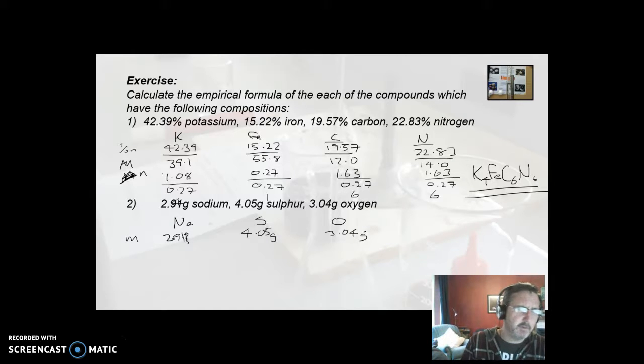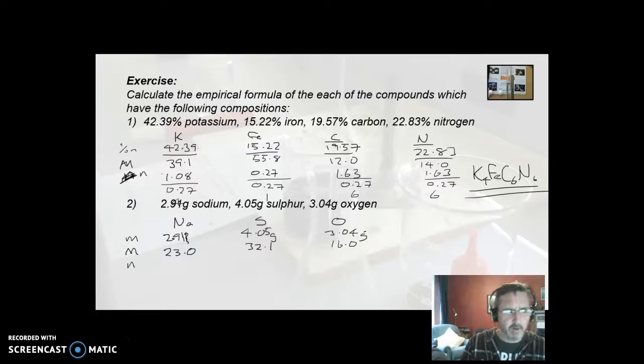It doesn't matter whether we start with the percentage mass or the mass, we do the calculations exactly the same and it will give us the same result. So we're going to divide this by 23.0, which is the molar mass for sodium, 32.1 molar mass for sulfur, and 16.0 the molar mass for oxygen.